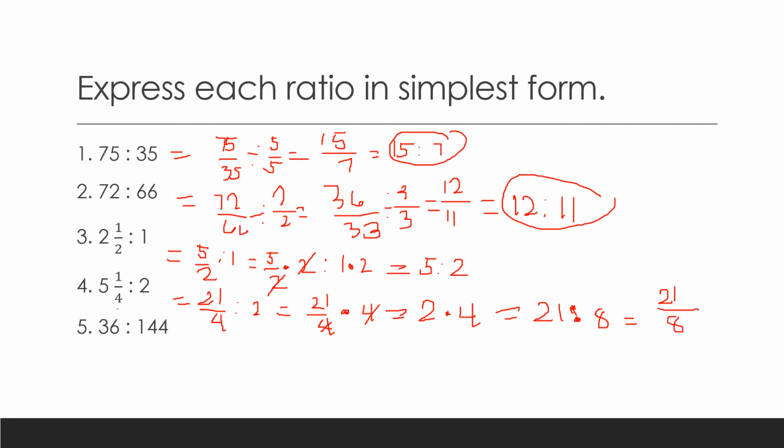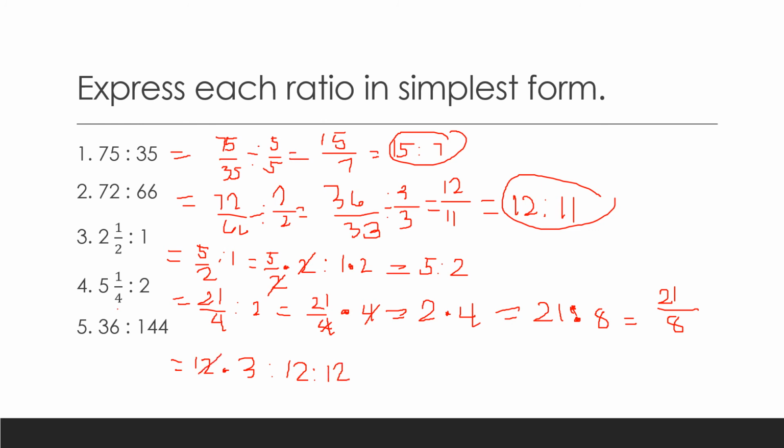Okay, next, number 5. 36 is to 144. Now, what is the LCD? 36 we can write as what? Pwede natin siyang isulat as 12 times 3, right? 12 times 3 is to 144, which is 12 times 12.